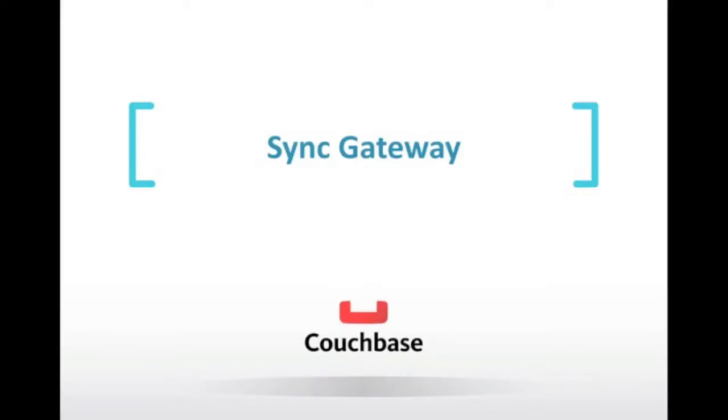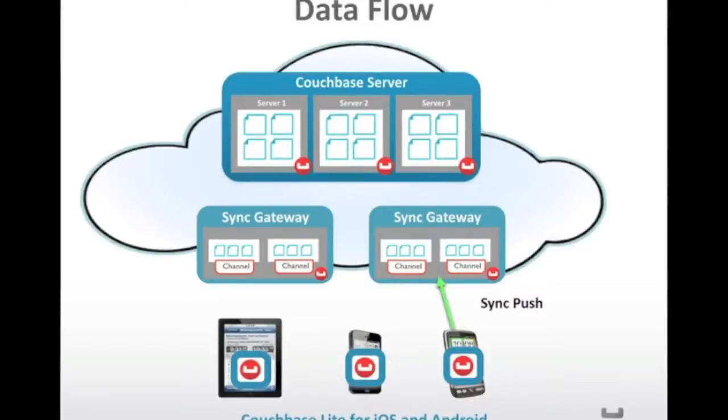So let's talk about the Sync Gateway and how the data can flow in there. So this is the app that Lauren showed, right? You've got some photos and some messages stored locally, and maybe you have addressed them to go to some different friends.